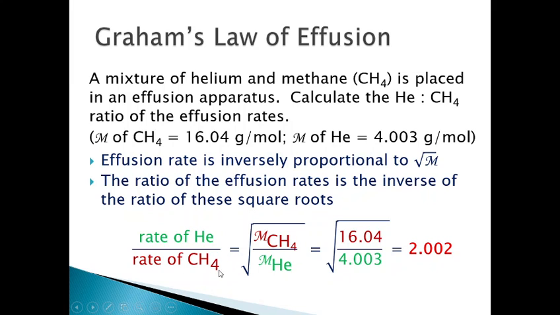If you flop these things around, then it should make sense that CH4 is going to, again, travel at half the rate of He, because in this case, again, square root of 16 divided by 4, flop it around, you would have the square root of 1 over 2 in the long run here. Sorry, square root of 4 over 16, but this would have come out as 1 over 2.